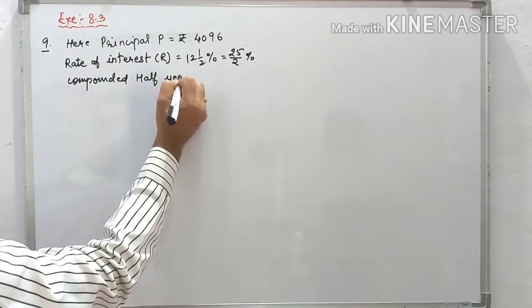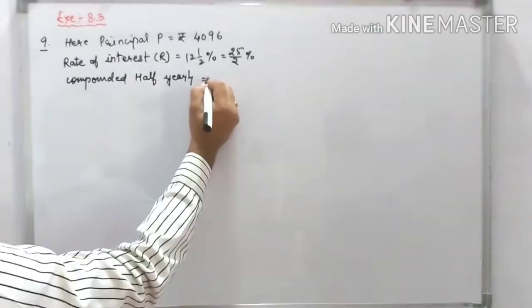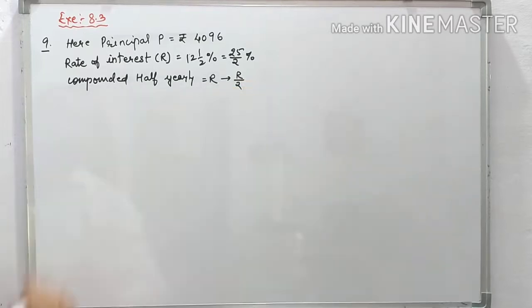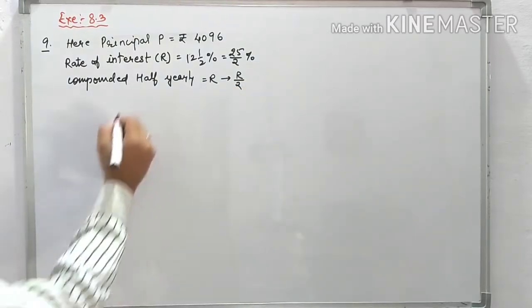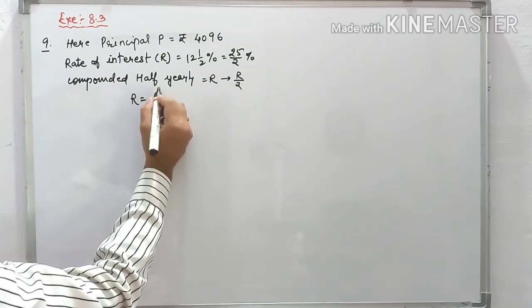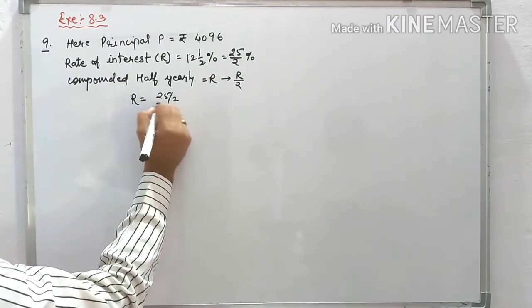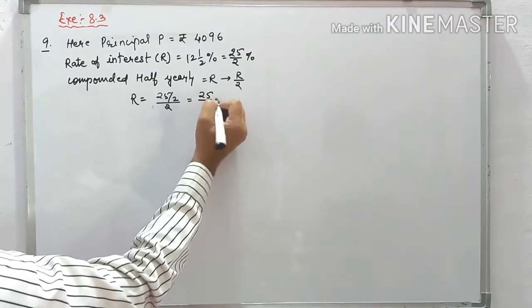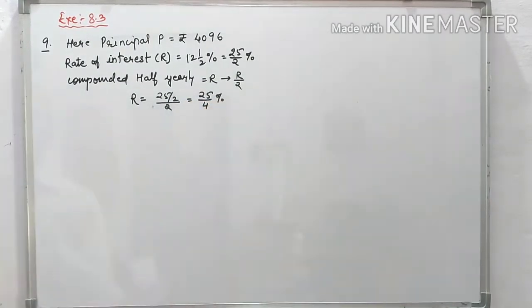Compounded half yearly means the value of R becomes R upon 2. So R is 25/2 divided by 2, which means 25/4%.